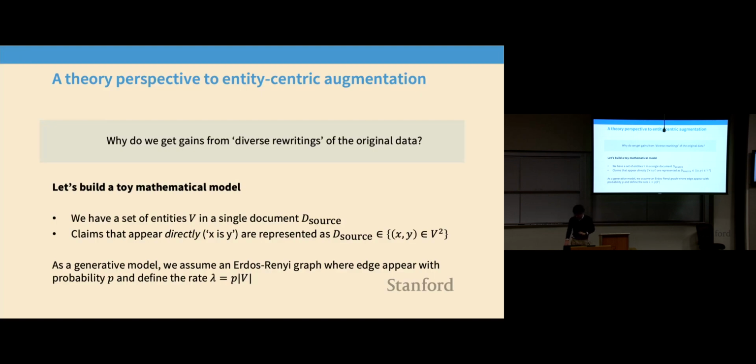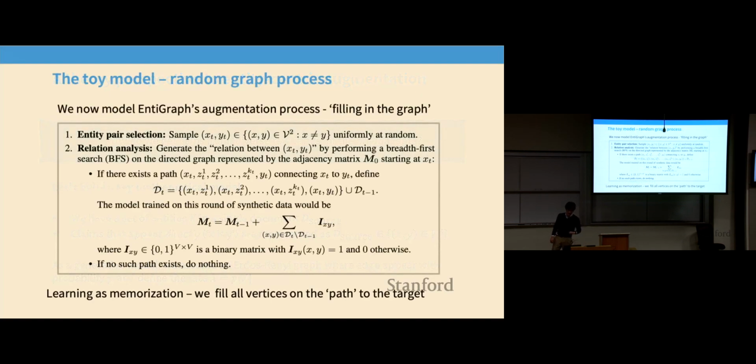And one thing that we can show is we can very precisely analyze the process of saying, okay, what does synthetic data do? Synthetic data is describing the relation between two entities that may not necessarily be directly in the document, right? That's kind of what we're doing.